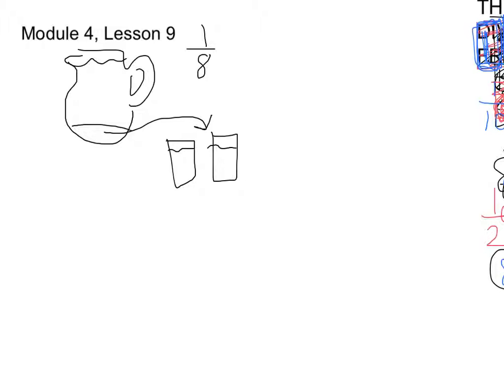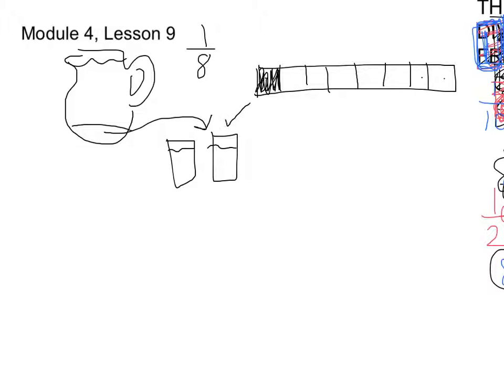Okay? So let's think of our whole pitcher here. And it says we're talking about 1/8 of it, so I'm going to make eighths. 1, 2, 3, 4, 5, 6, 7, 8. This is the water that is going to go into 2 glasses. So if it's going into 2 glasses, I know I'm basically splitting this water in half. Each glass is getting one of these.